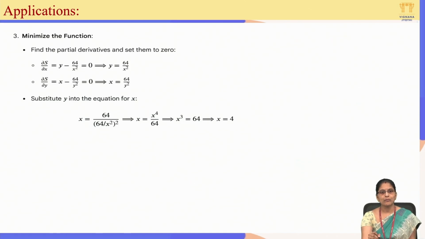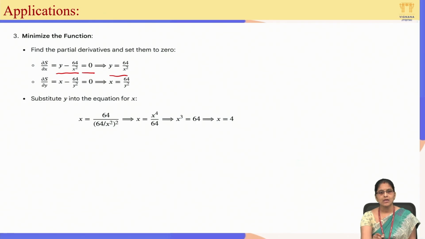Next, we have to minimize the function in the third step. Find the partial derivatives. We have to find the first order partial derivatives and equate them to 0. Here the first order partial derivative is y minus 64 by x square, and equating it to 0, we get the value of y, which is 64 by x square.